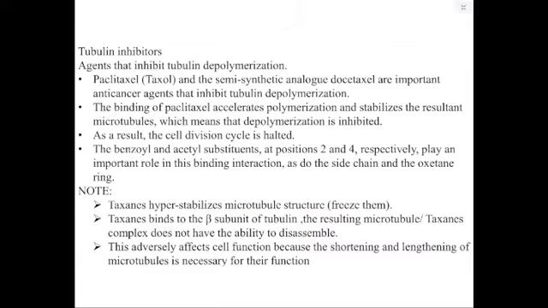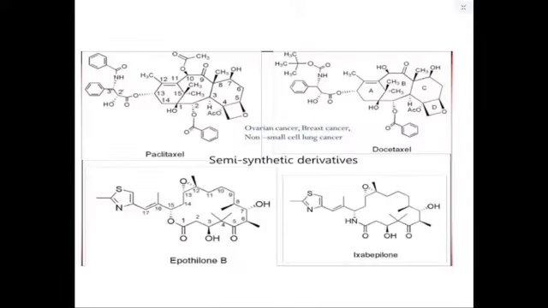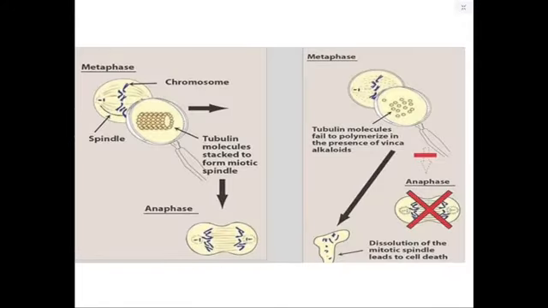We have vinblastine, vincristine, and vindesine. For vinblastine, this is the general structure, and this is R1, the nitrogen which carries position 1. In vinblastine, it is a methyl.